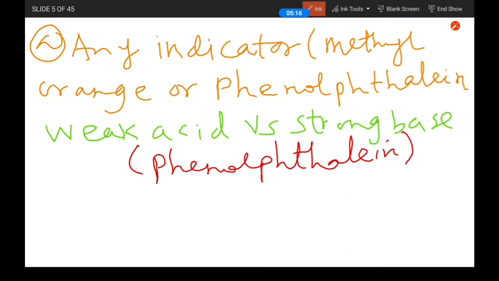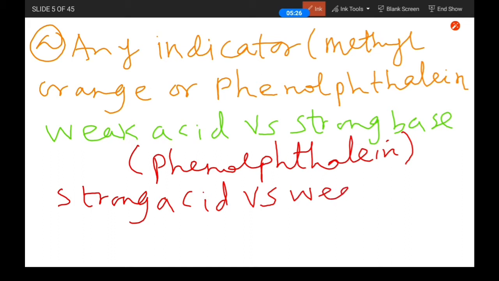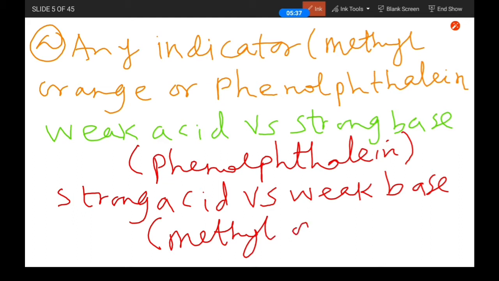Now, if you are dealing with strong acid versus weak base, please note this: strong acid versus weak base. In this case, you are meant to use methyl orange. Is that okay? Methyl orange. Very good. You are meant to use methyl orange. So I think we have answered question 1.